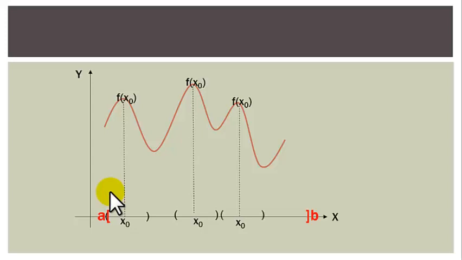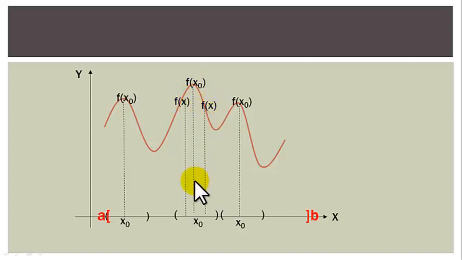As you can see, using the middle local maximum point, you observe that for any point taken in that small neighborhood, we have f of x here. To the right we also have f of x here. Clearly you can see that f of x0 is greater than the f of x here, and is also greater than the f of x here.